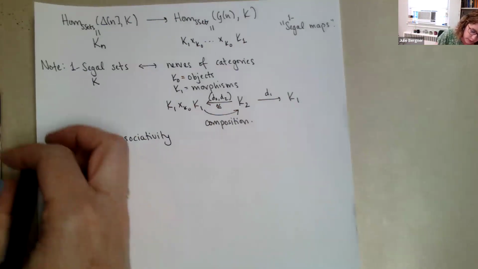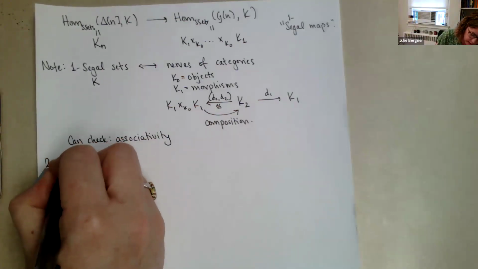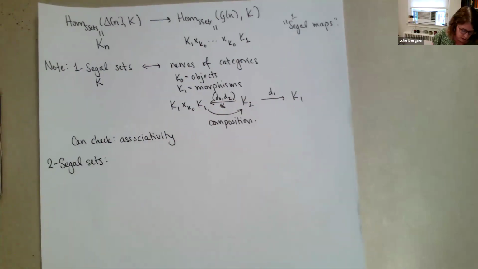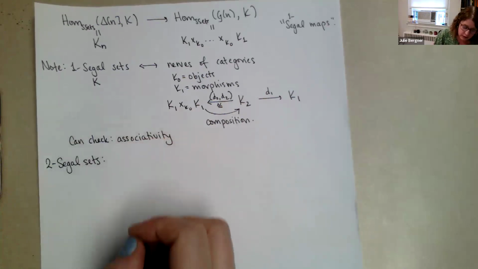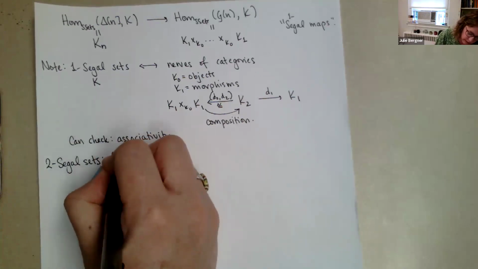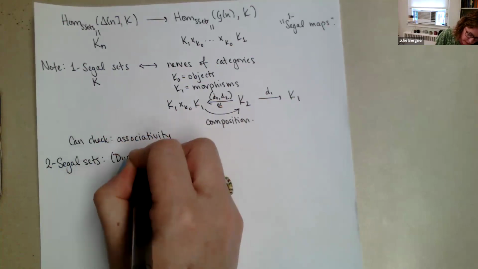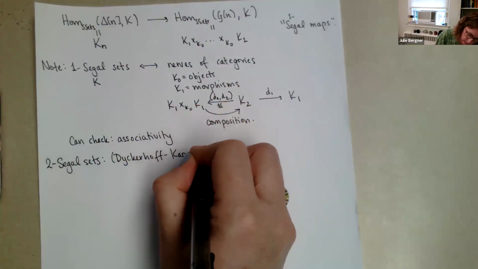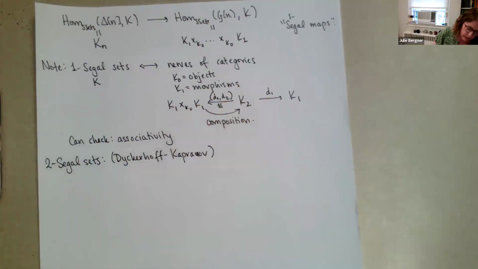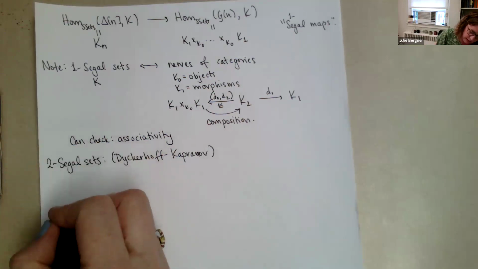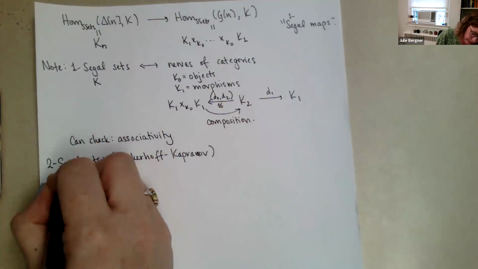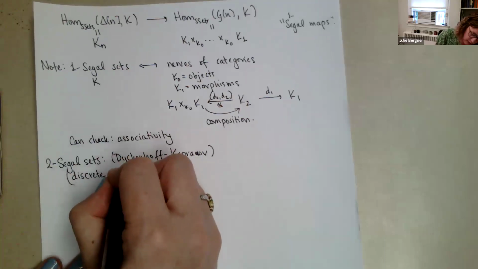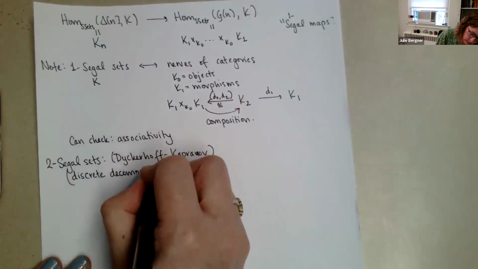Okay, so now what about 2-Segal sets? And so the definition that I'm going to give you is the definition due to Dyckerhoff and Kapranov. These were also defined, and the way I've defined them, these would be called discrete decomposition spaces.